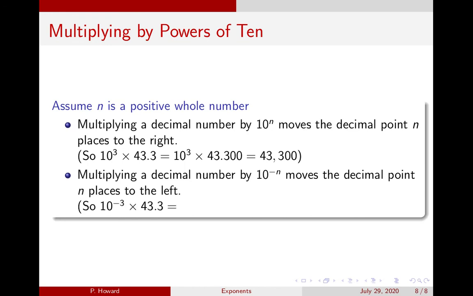So for example, if you multiply 10 to the minus 3 by 43.3, this can be written in decimal form by moving the decimal point to the left 3 places. I have to insert a 0 on the left-hand side to provide the 3 places that I need. So this is 10 to the minus 3 times 043.3. And then moving the decimal point 3 places to the left gives me my final answer, 0.0433.